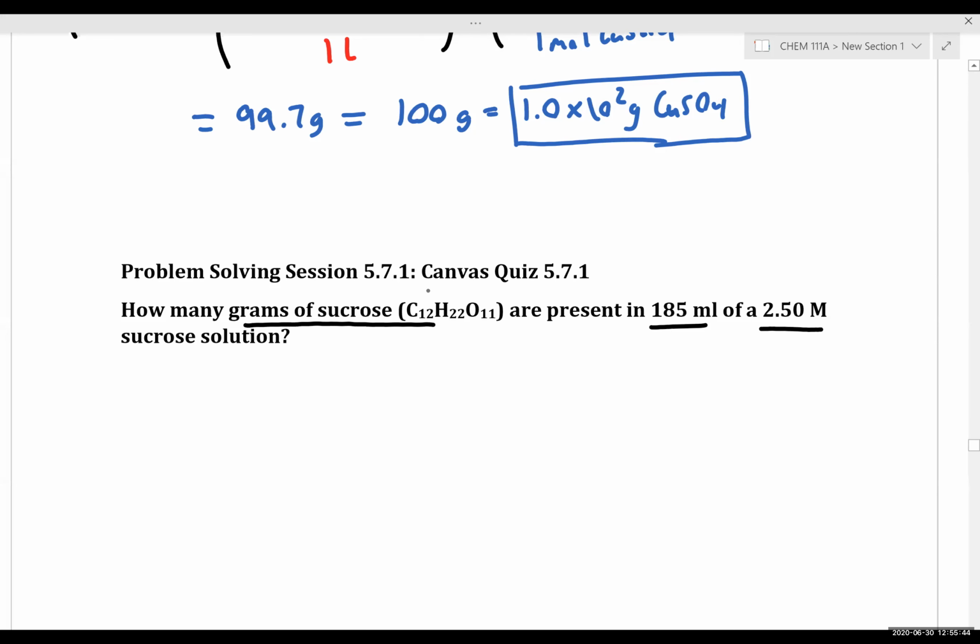And don't be shy to submit your responses in the chat, submit your questions in the chat, or submit your responses via Canvas quiz 5.7.1. And we'll discuss this example in about 3 minutes. But again, don't hesitate to share any of your proposed ideas for this problem in the chat so we can discuss as a class.